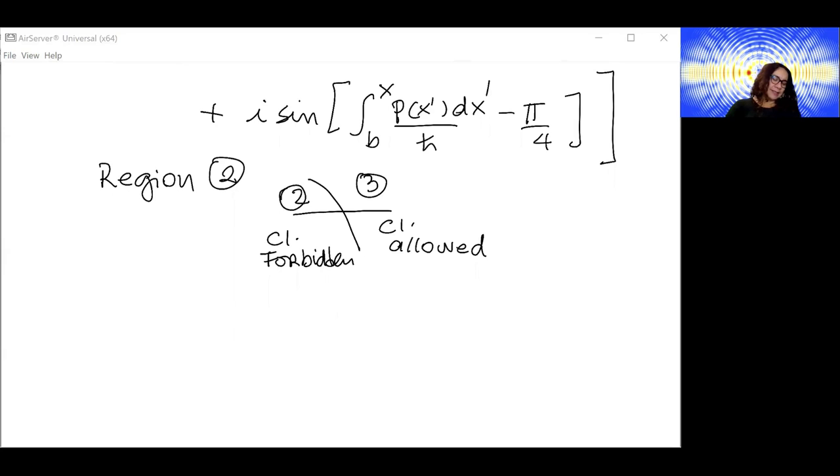Okay, so let's do this and let's write the wave function in region 2. So if we write that down, we find something like this: a over square root of q x.